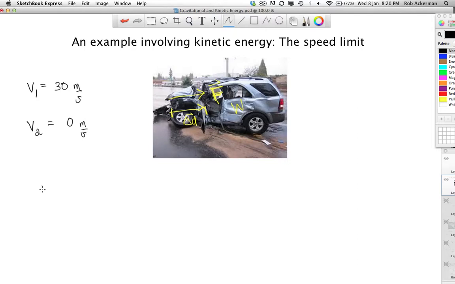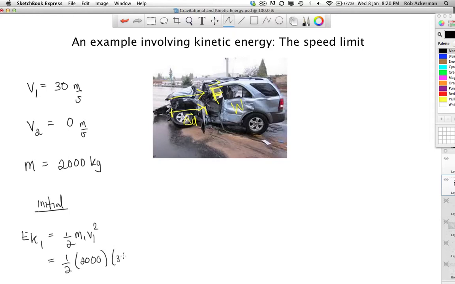Now, if we also assume that the car has a mass of, just to keep things simple, let's do 2,000 kilograms, a nice round number, then I can calculate the initial kinetic energy. What's that going to be? EK1 is a half m1 v1 squared. That's a half of 2,000 kilograms times 30 meters per second squared.